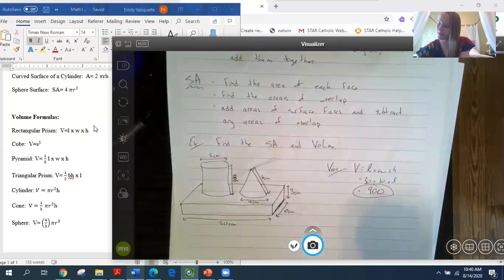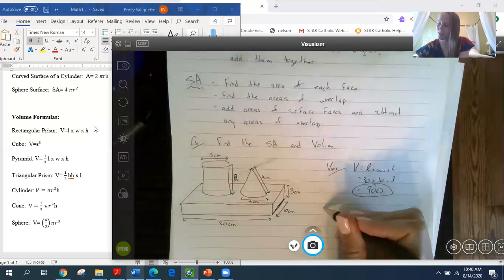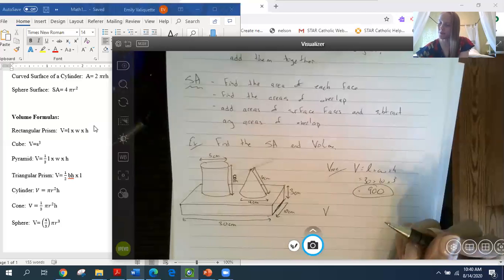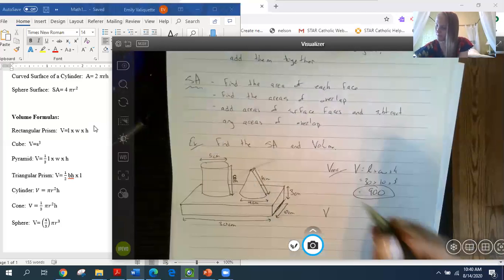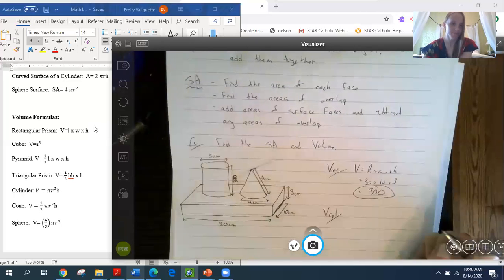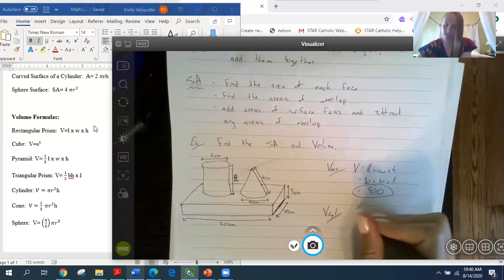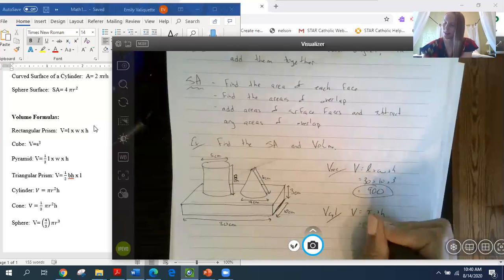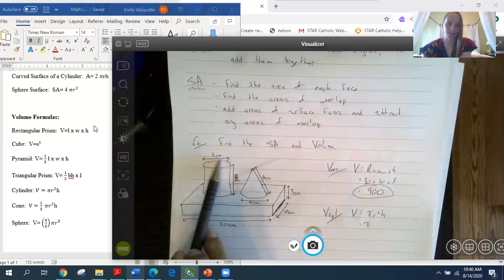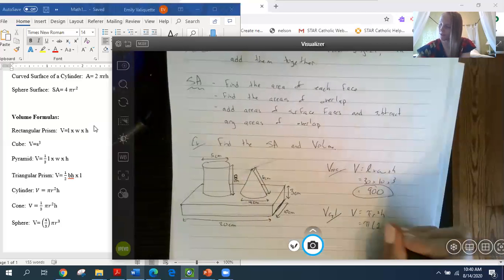Then I'm going to do the volume of my cylinder. For that, the volume is pi r squared h. In this case, my r will be half of the diameter, so half of 5, which is 2.5.